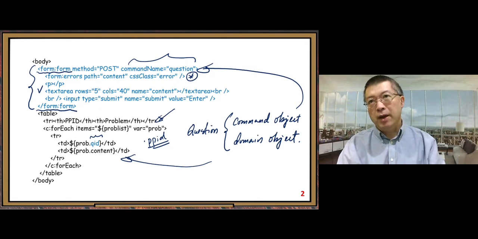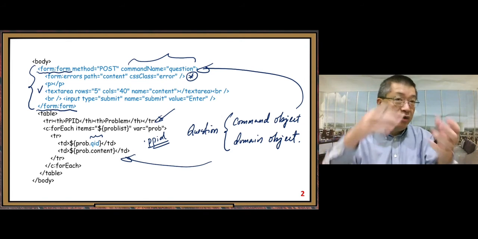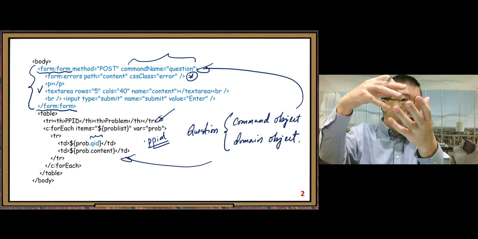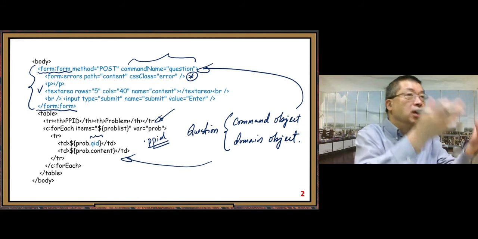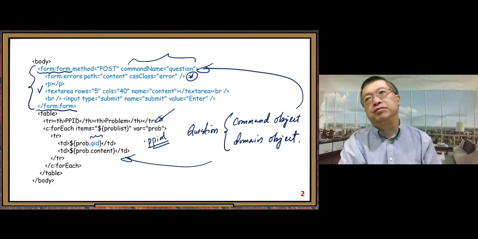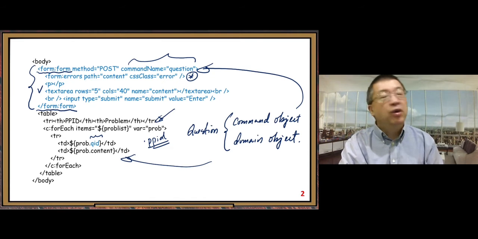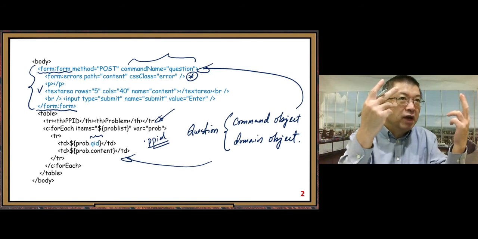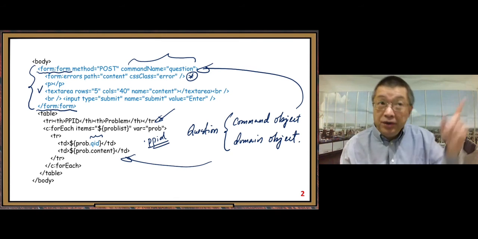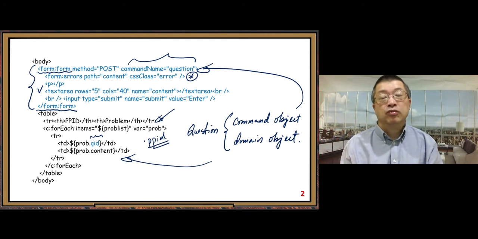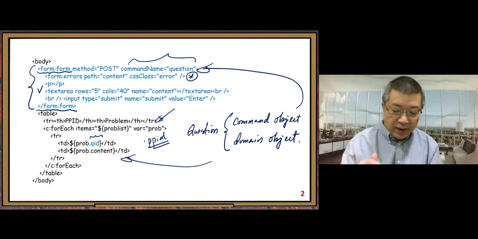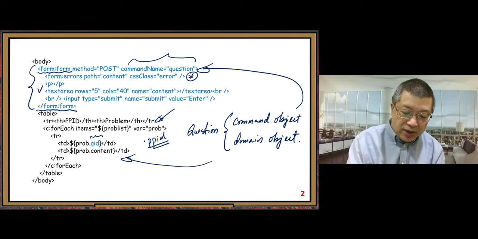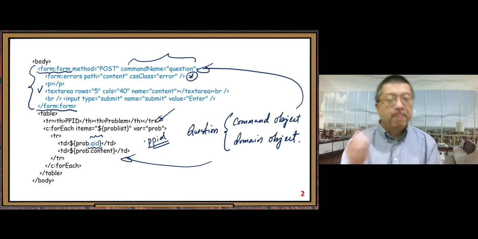That's the reason we put that command object in the domain package. We don't want to create two different class names, right? Not necessary. Although you can, we want to make it as simple as possible. So that's the reason here we need to change to QID.